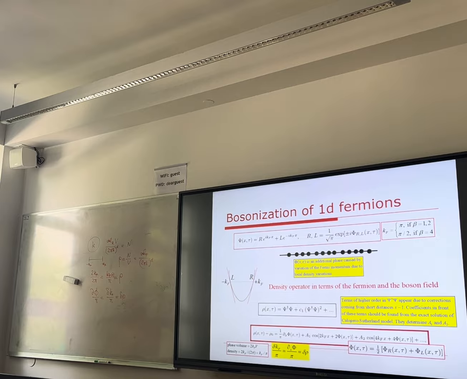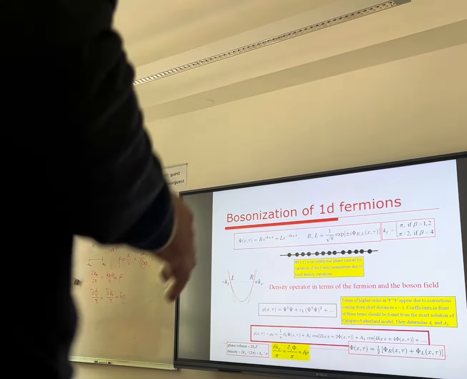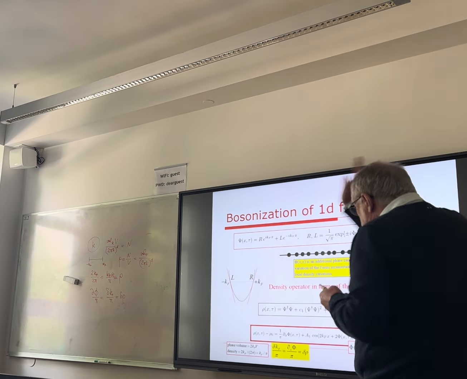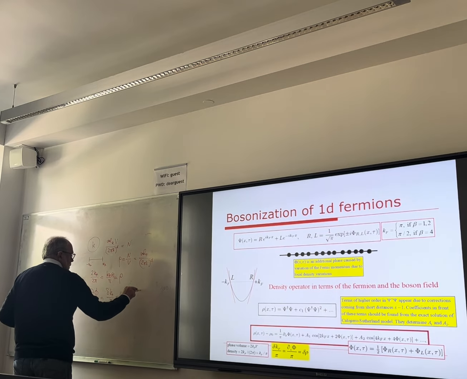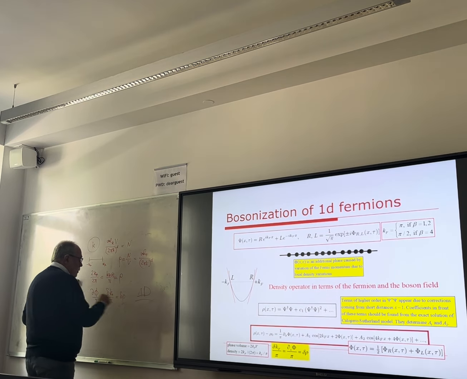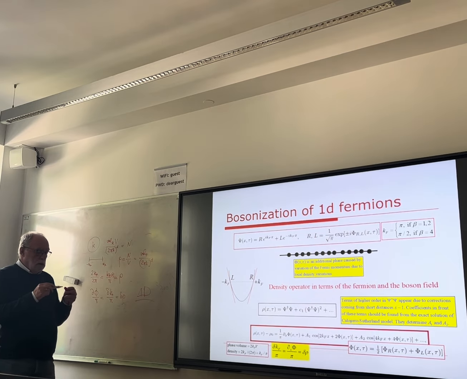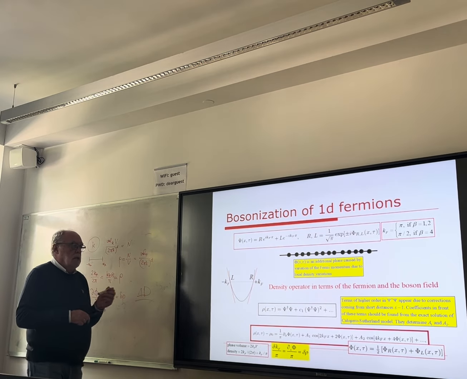Yes, but only in 1D. In 2D or 3D this is not applicable at all. Not because of that, but because of the following. This is a strictly one-dimensional formula.